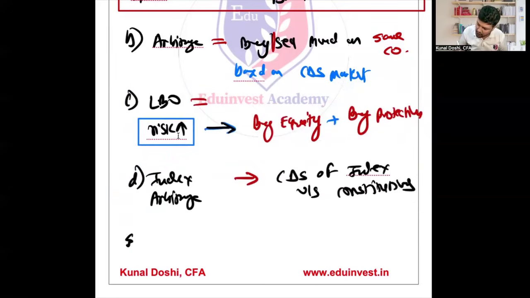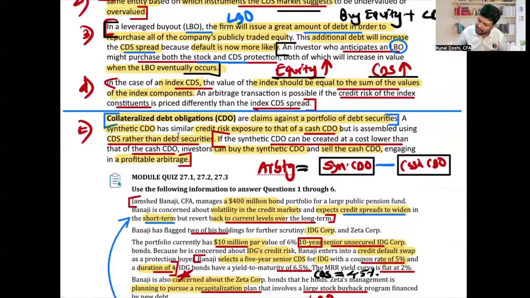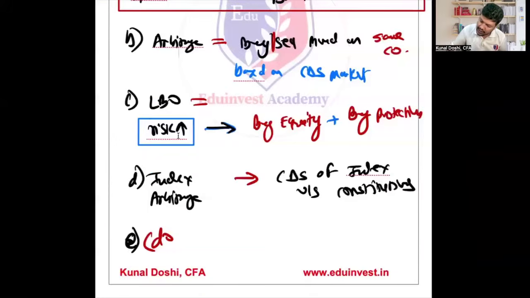And the last option, of course, is credit CDO, collateralized debt obligation. It's a claim against a portfolio of debt securities, right? So with a CDO, how do you make an arbitrage? Synthetic CDO. The CDO is the pool. You are basically buying a pool of collateral securities. It will have collateralized bonds, debt, everything, right? So it's a claim against a portfolio of bonds.